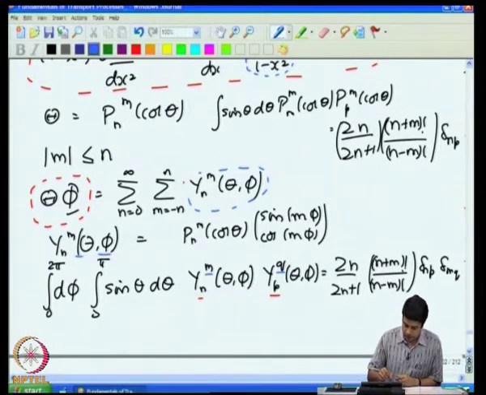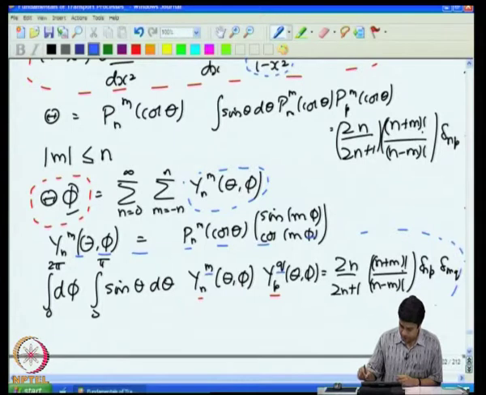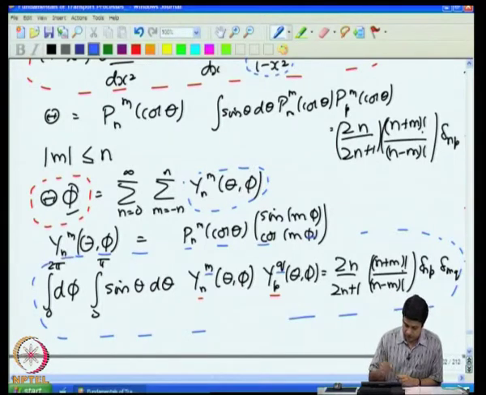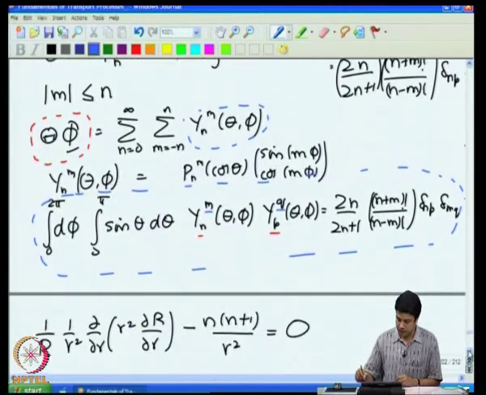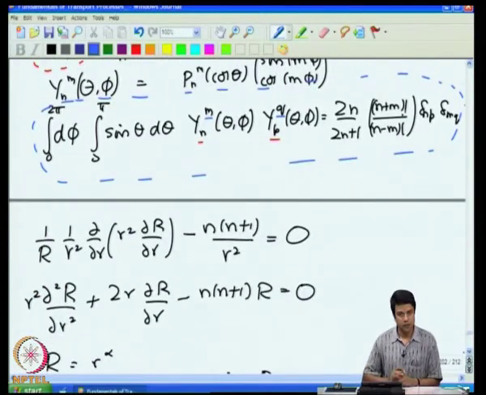Multiplying the solutions for theta and phi that we obtained from the spherical harmonic expansion, we get a set of basis functions Y_n^m, with eigenvalues n and m, both of which have to be integers. They satisfy an orthogonality relation, and this can be used for solving problems in a manner similar to the solutions that we had in the Cartesian coordinate system.